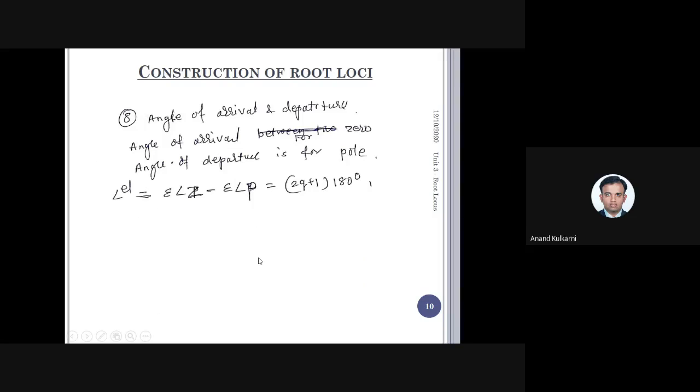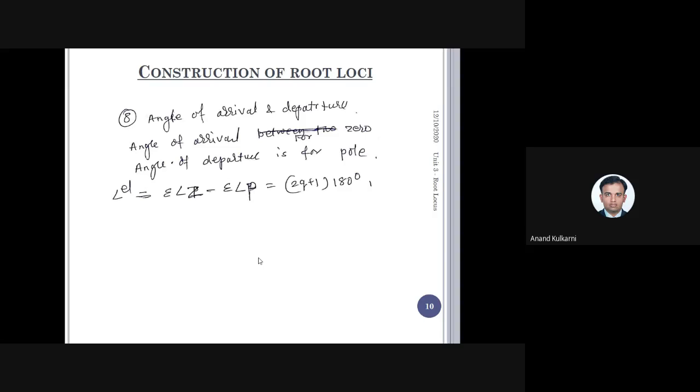Angle of arrival and angle of departure. Arrival means, if you go to a bus stand, railway station or airport, everywhere on the timetable, arrival time and departure time is written. Arrival means it arrives at that station. Departure means it goes away from that station.